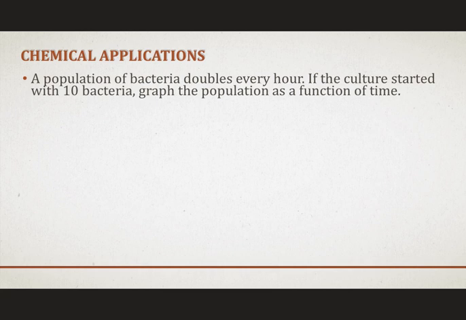All right. Population of bacteria doubles every hour. If the culture started with 10 bacteria, graph the population as a function of time. Well, this is just an exercise in, do you understand what it means to double? Okay, so I'm going to start with 10 on the y-axis.